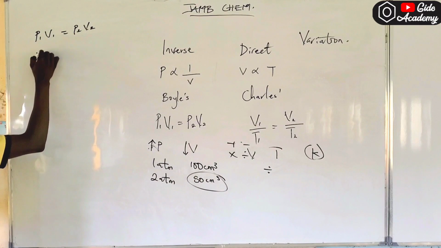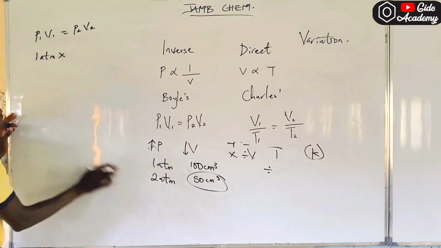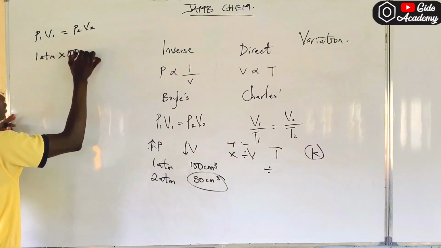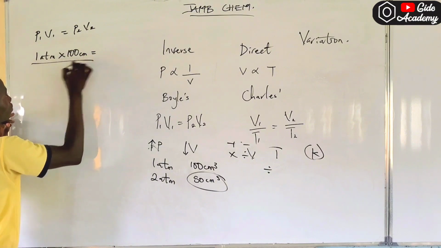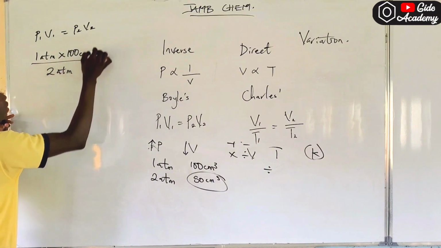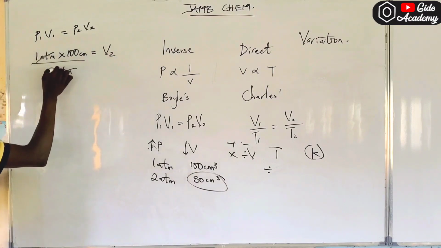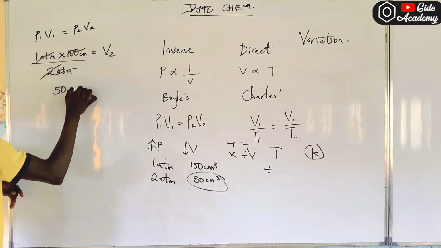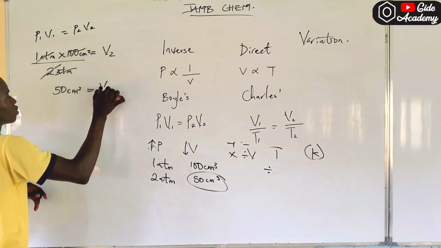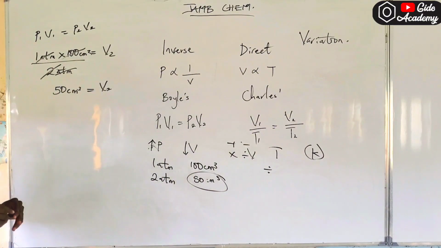My P1 is 1 atm, times my V1, 100 cm cube, is equal to my P2, which is 2 atm, times my V2, which is unknown. atm cancels atm. 2 will go into 100, we are left with 50 cm cube. That's equal to V2. So you realize that we arrive at the same answer. This is the easiest way to solve questions like this.